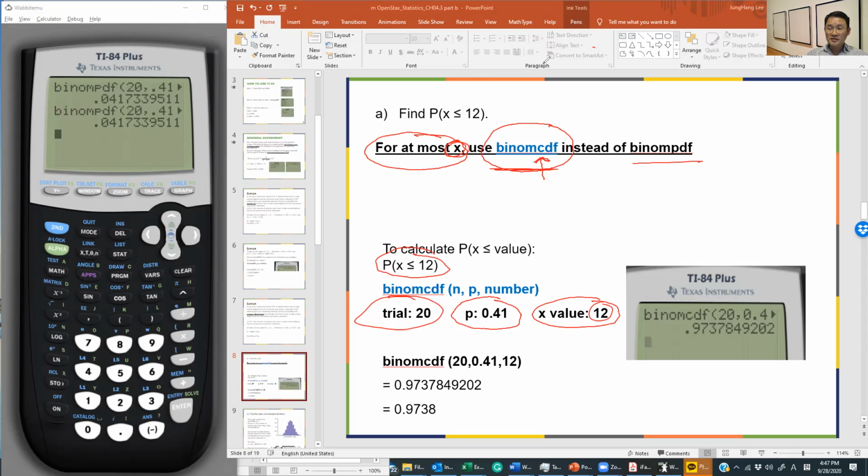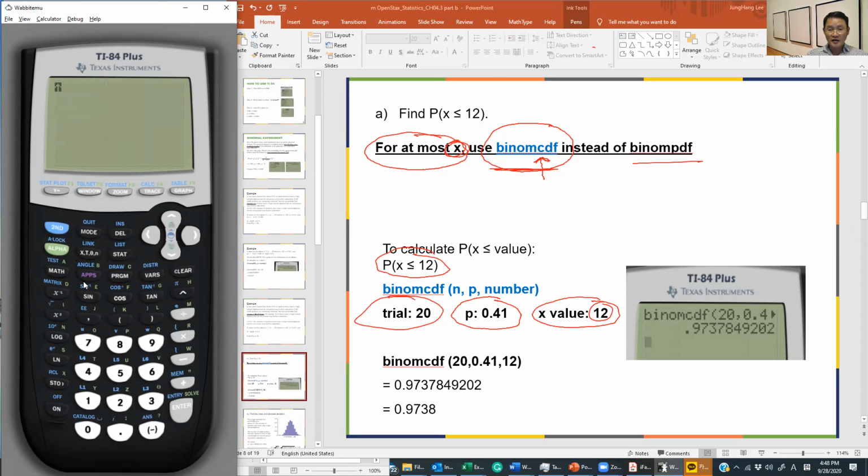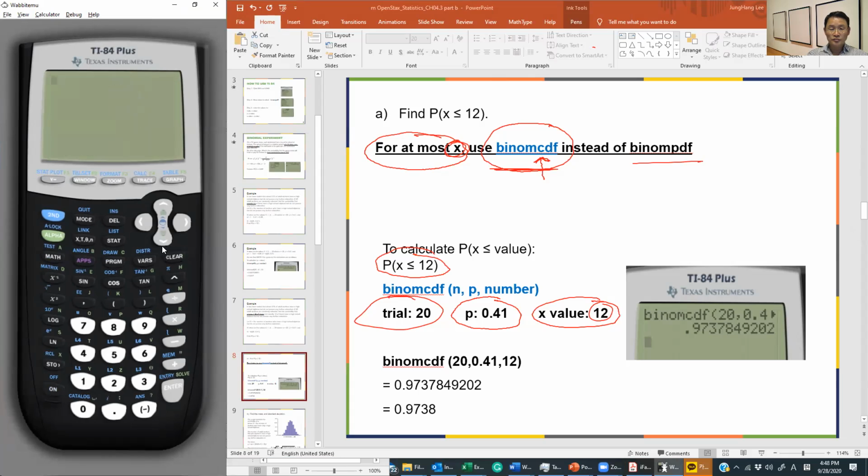So let's see. Clear this. Second F, distribution. Let's go all the way down to, oops, what happened? Again, I think I accidentally hit clear. Second F, variable, go all the way down to binomial CDF, this option right there. So I'm going to hit enter. Trials, same, enter.